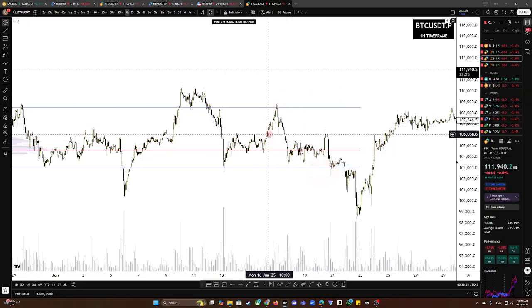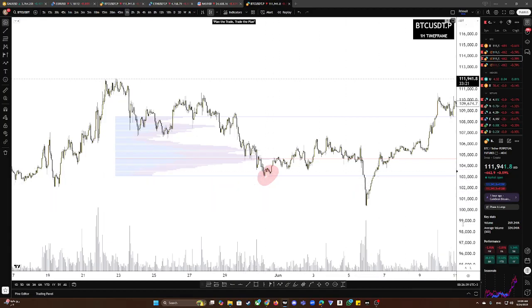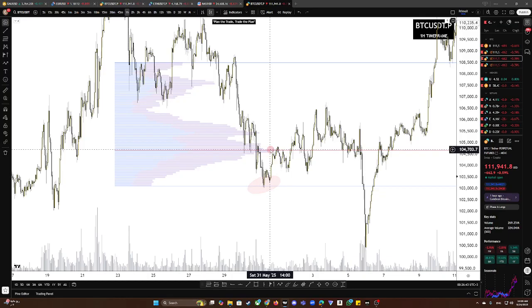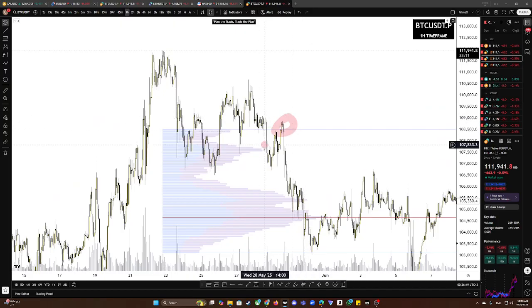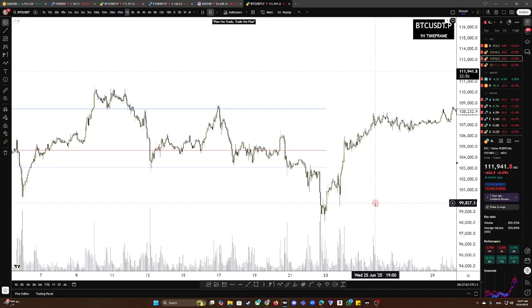It works in a mysterious way, but for sure, it acts as strong support and strong resistance, just like you see here. The amount of times we bounced and rejected from these areas is magnificent. And this is basically how the value area works.